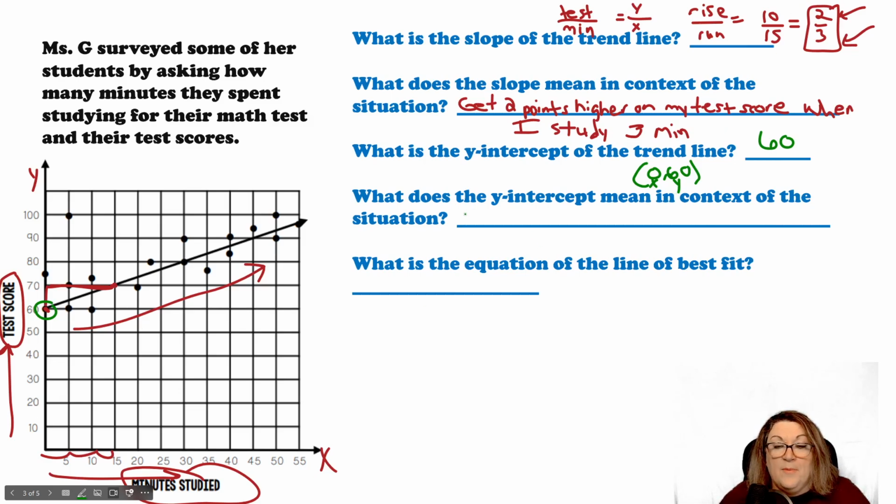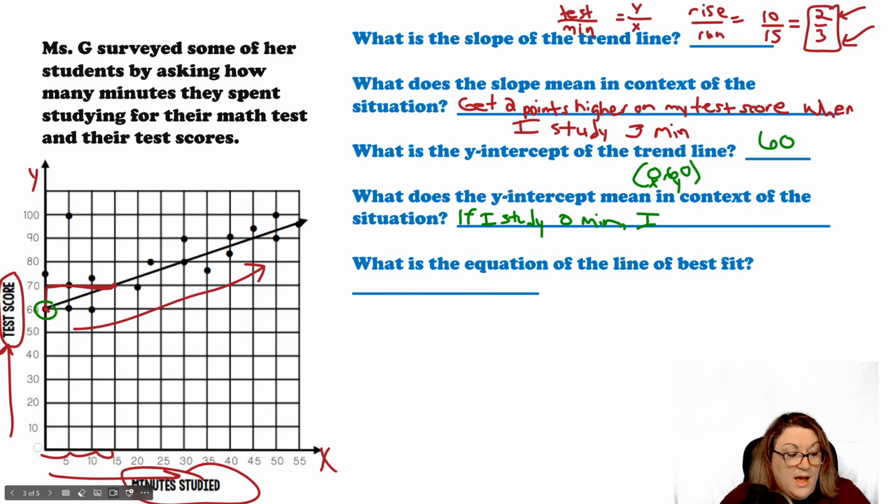So this is saying if I study 0 minutes, I can expect to earn, oops, I need an eraser. I messed up. Okay.